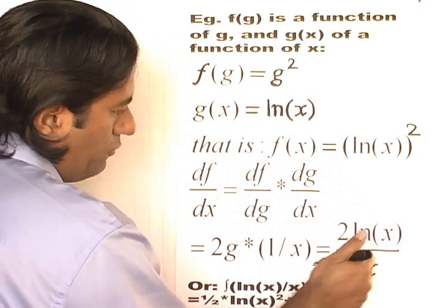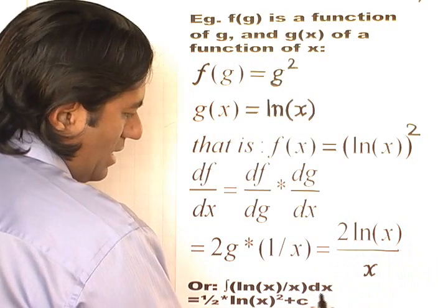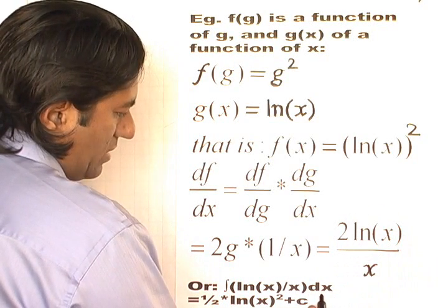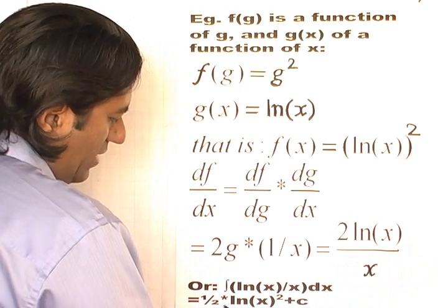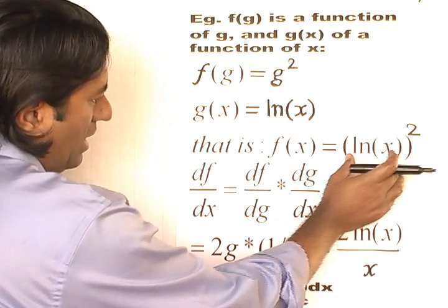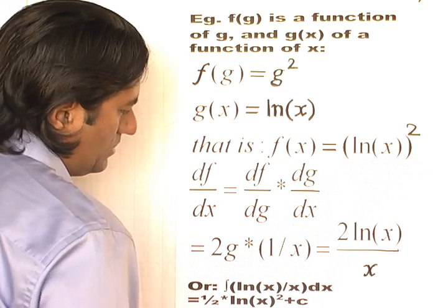Or if you are integrating this quantity ln x by x with respect to x, you would get the integral to be half of this quantity, (ln x) squared, plus some constant c.